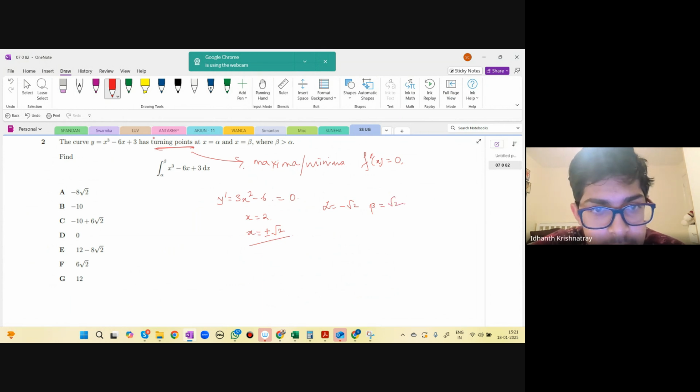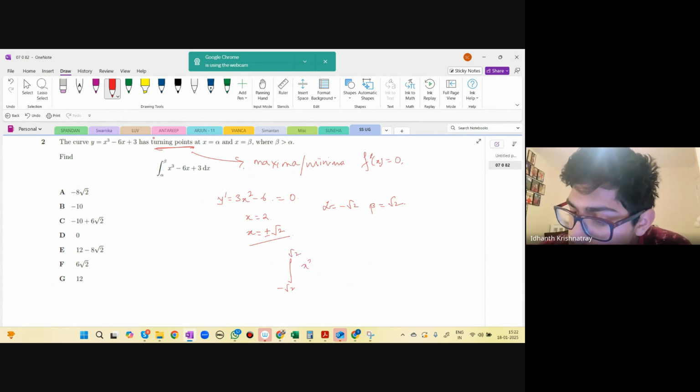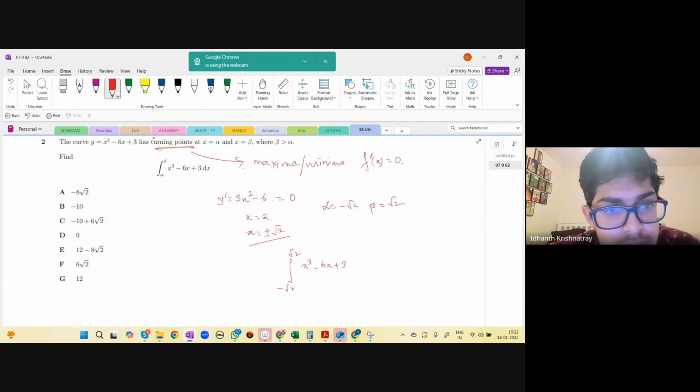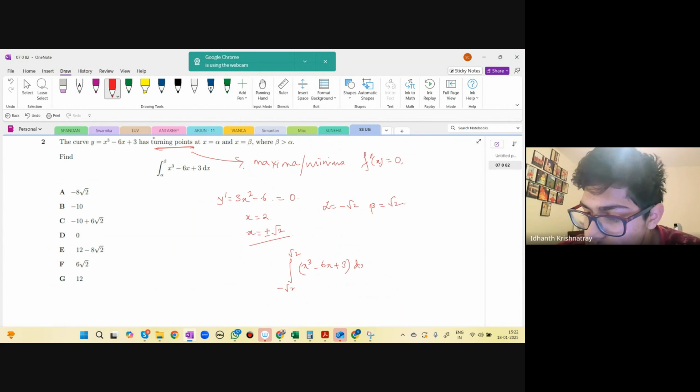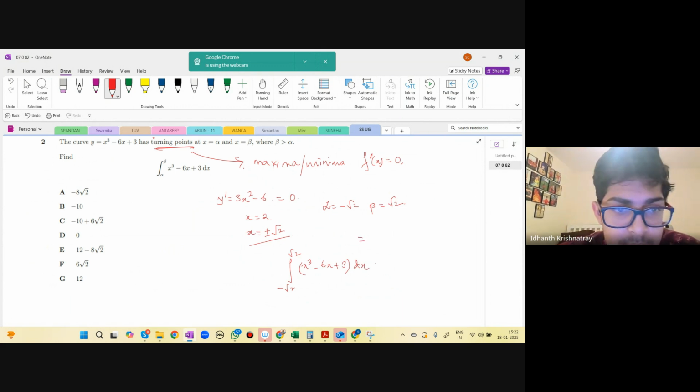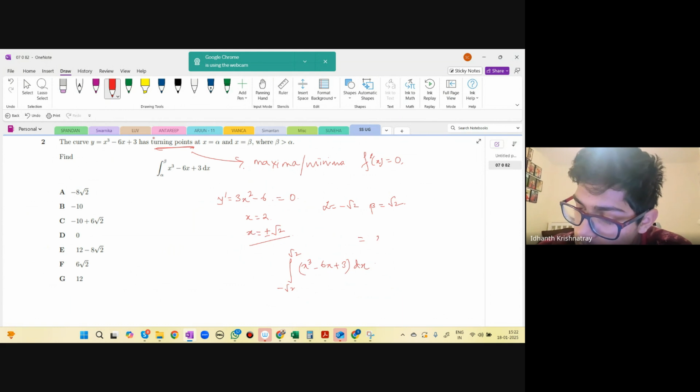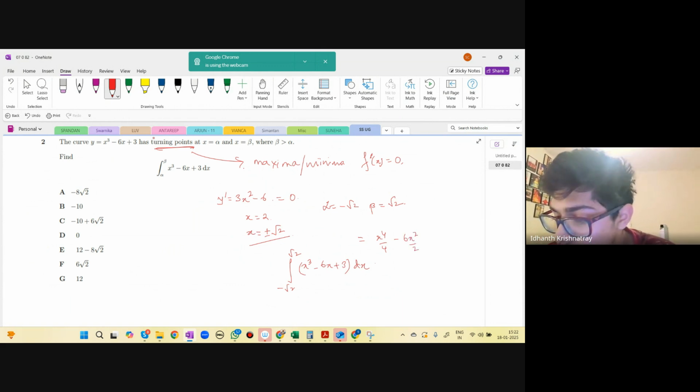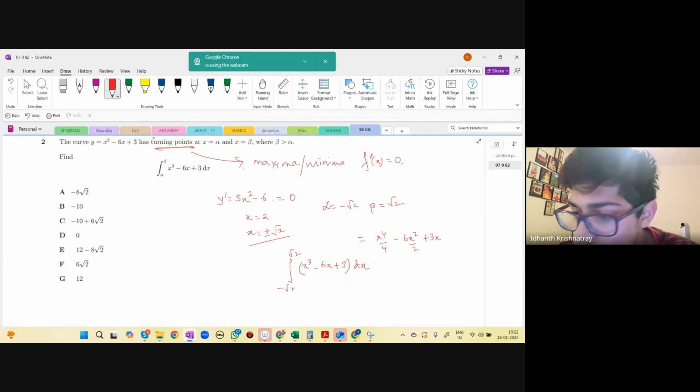So now you have to integrate this function between these two limits, minus root 2 to root 2, x cube minus 6x plus 3 dx. That means integral of x cube dx is x to the 4 by 4, minus 6x square by 2, plus 3x.